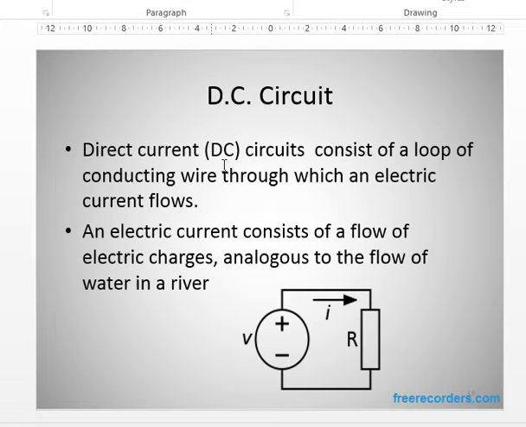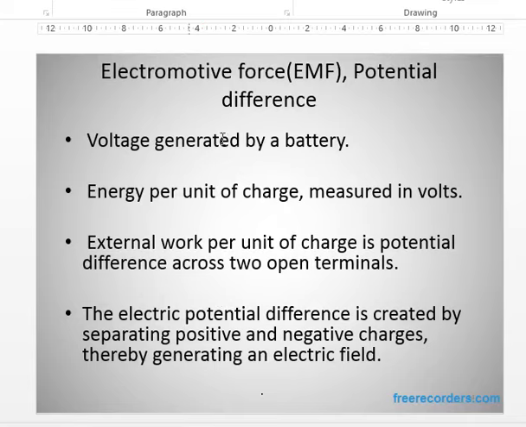What is a DC or direct current circuit? This consists of the source and wire which connects the source to the resistance. Resistance we will learn later. What is electromotive force and potential difference?